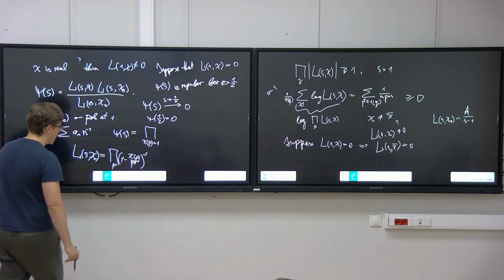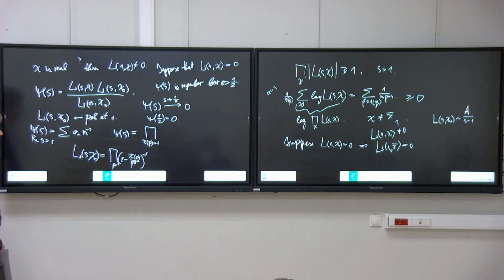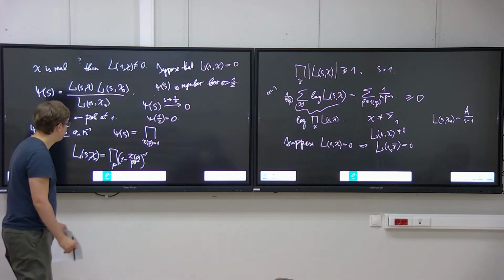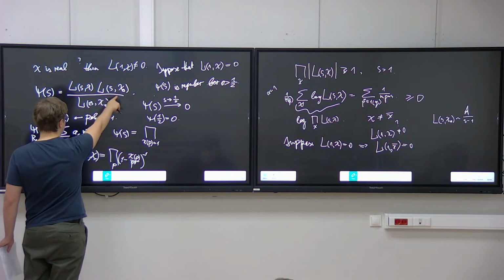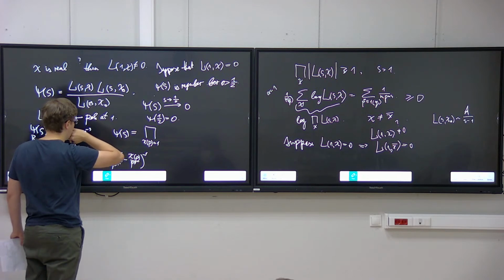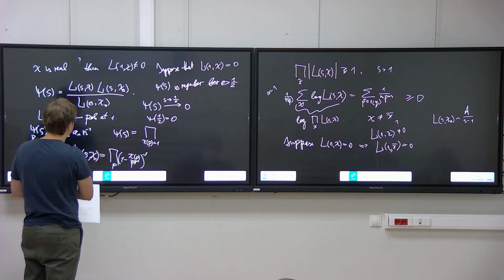Значит, где chi от p будет единица, это будет 1 минус 1 делить на p в степени s, в минус первой. А это то же самое, потому что у нас chi нолевое везде либо единица, либо 0.